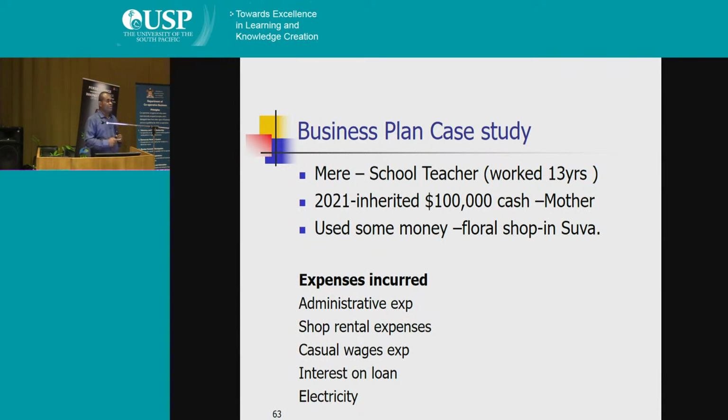Okay, Mary is a school teacher who has been working for 13 years, but she has a passion for working with flowers. What do we call them? Florists, right. So in 2021, she inherited 100,000 in cash from her mother.